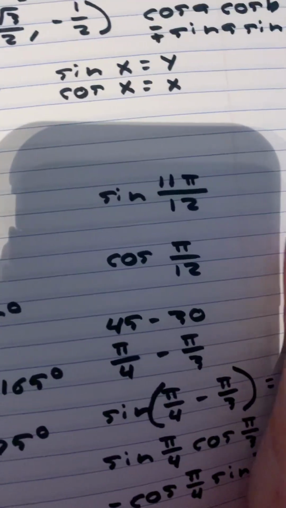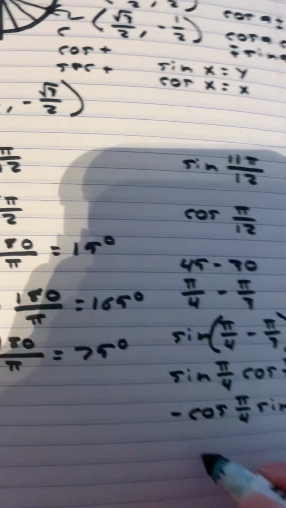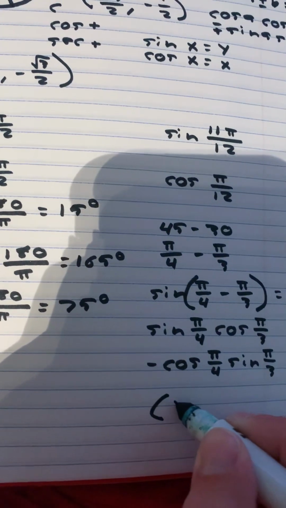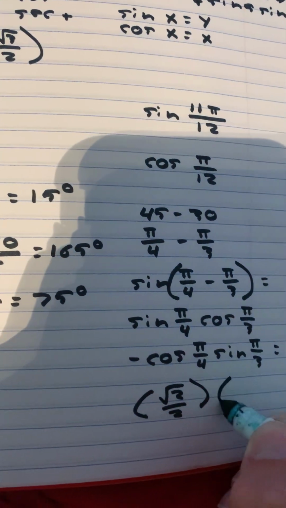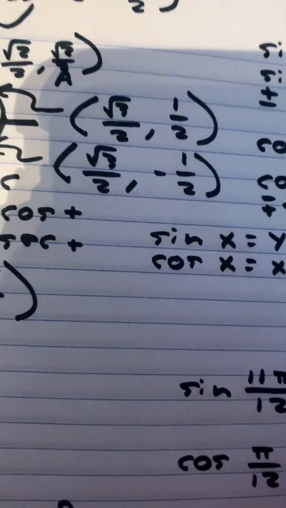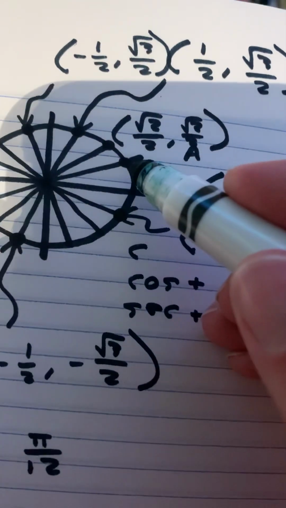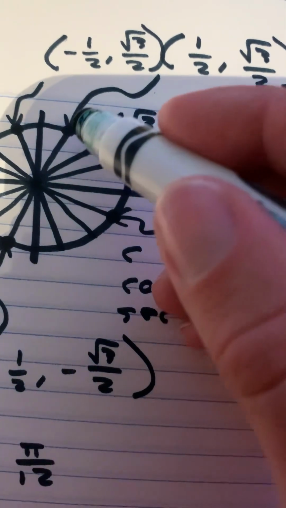So the sine, remember, is equal to y. Sine of pi over 4 should give me the square root of 2 over 2 times the cosine of pi over 3. Cosine is equal to x. Pi over 6, pi over 4, pi over 3.